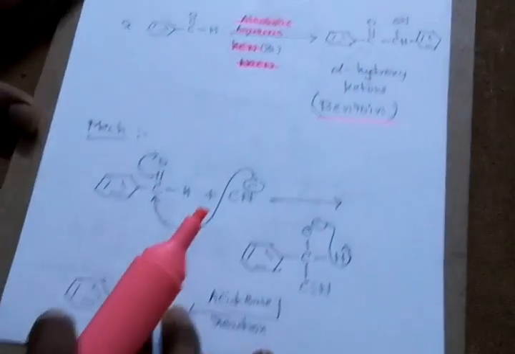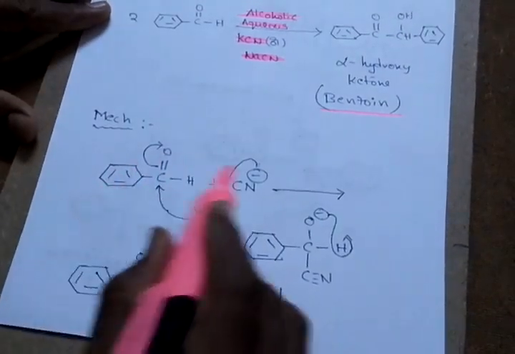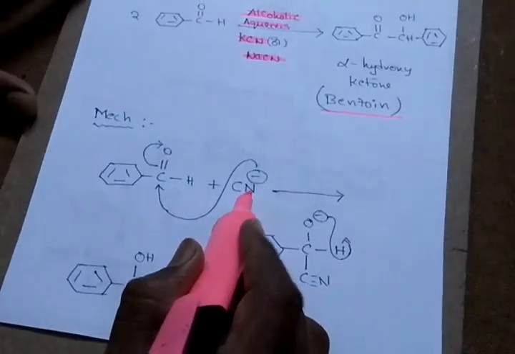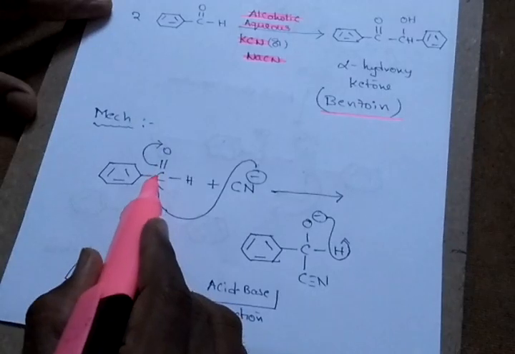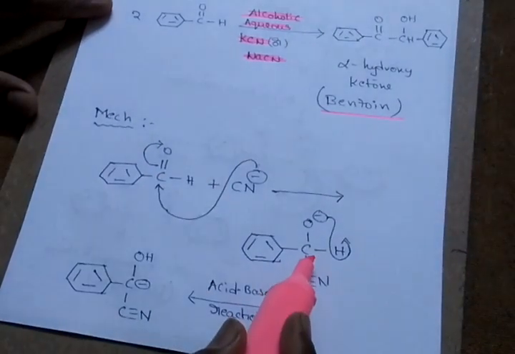What is the mechanism? Initially 1 mole of the aromatic aldehyde reacts with the cyanide ion, which is obtained from the KCN. Here this cyanide ion attacks the carbonyl carbon bearing the positive charge, forming this intermediate.